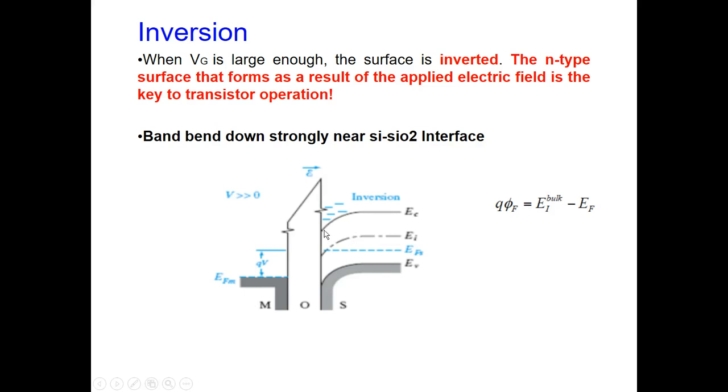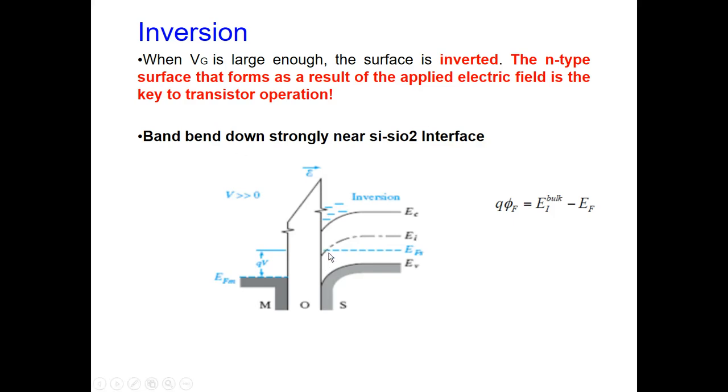We can also see that the band bends down more strongly near the surface as the substrate near the Si-SiO2 interface becomes more negative. So a sufficiently large positive voltage can bend Ei below EF.